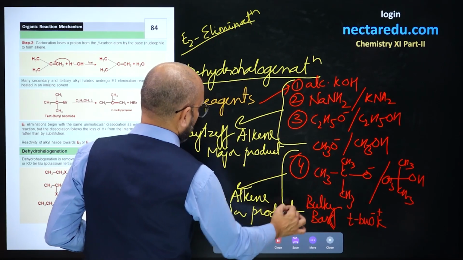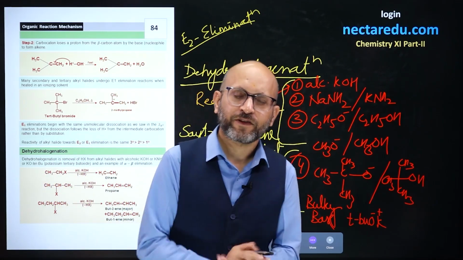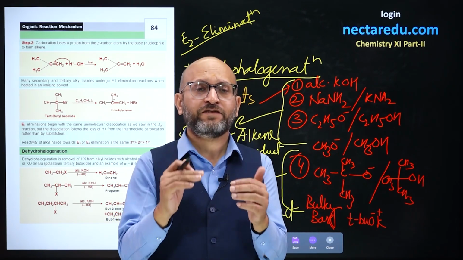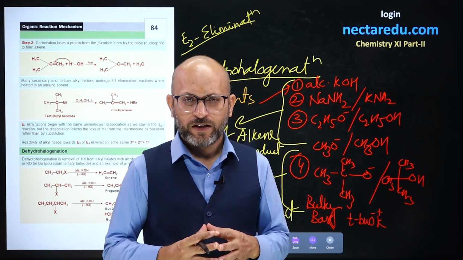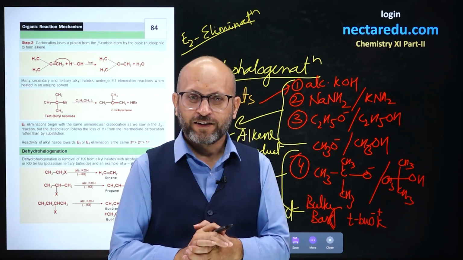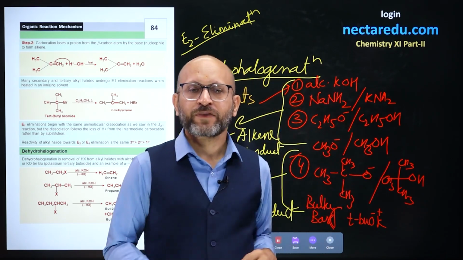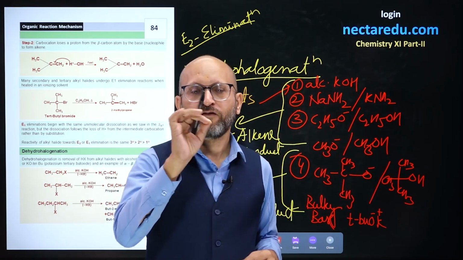Because the size of the base is large, it will usually give Hofmann alkene. What is Saytzeff alkene? Saytzeff alkene is the alkene which has more alpha hydrogens, whereas Hofmann alkene is the alkene which has fewer alpha hydrogens. More alpha H, Saytzeff alkene; fewer alpha H, Hofmann alkene.